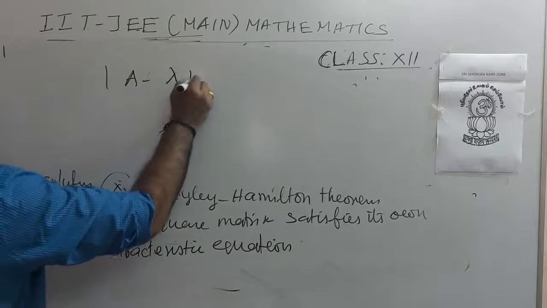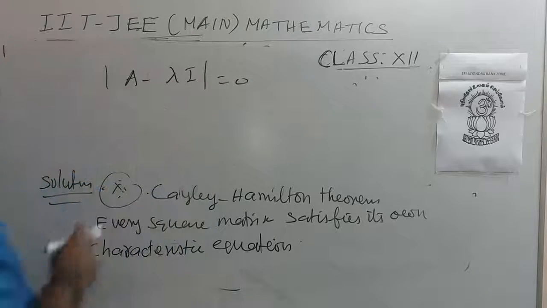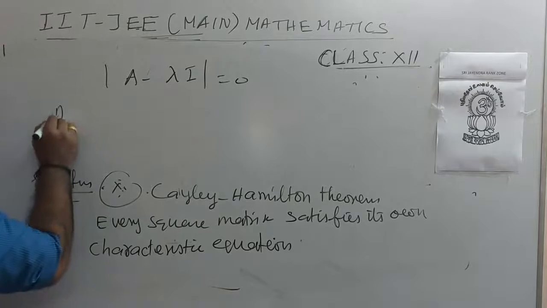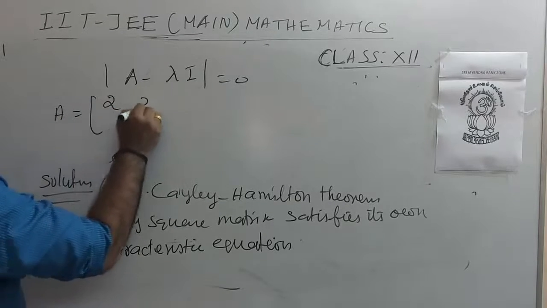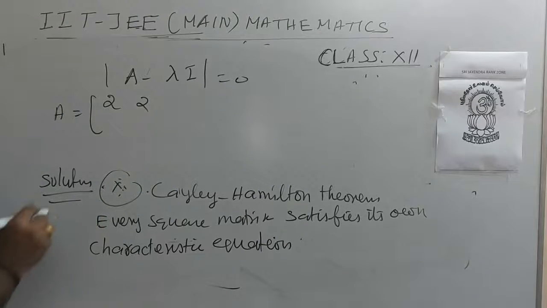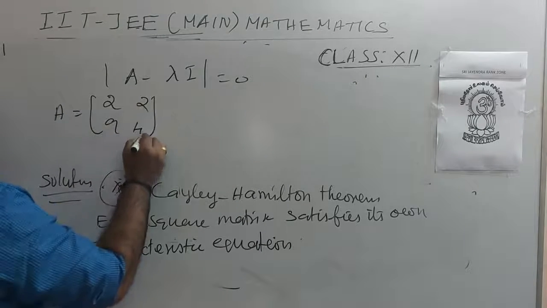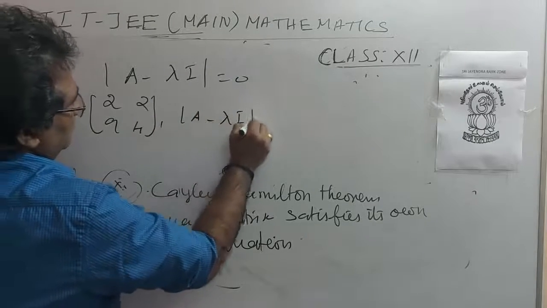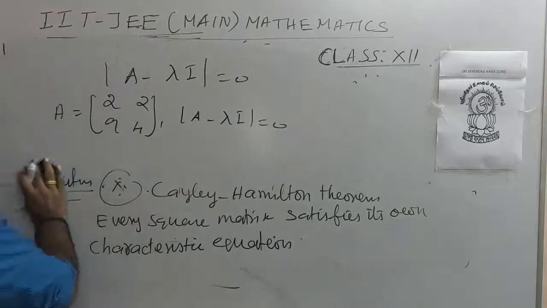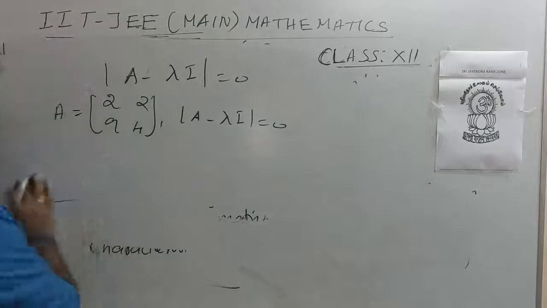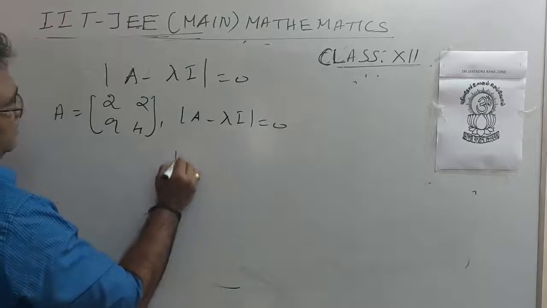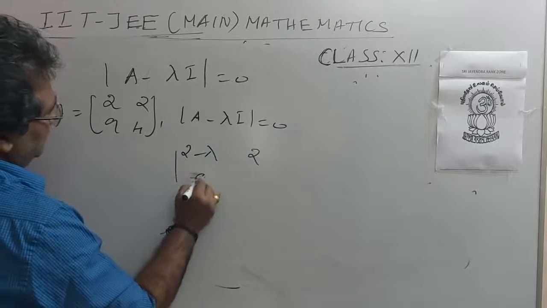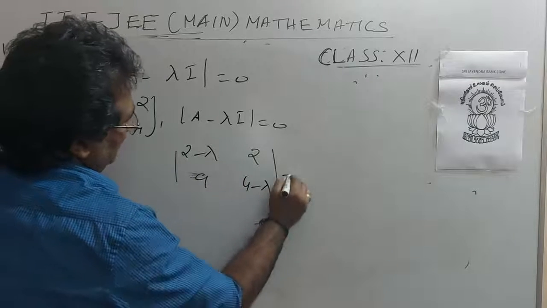The form is determinant of A minus lambda I equal to 0. A is [2 2; 9 4], which means determinant of [2 minus lambda, 2; 9, 4 minus lambda] equal to 0.